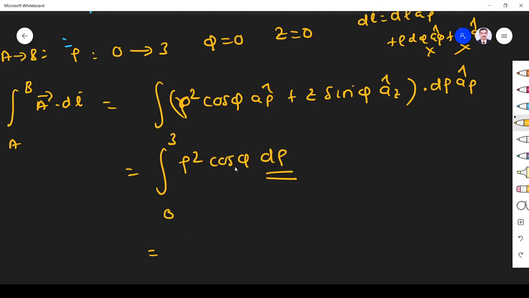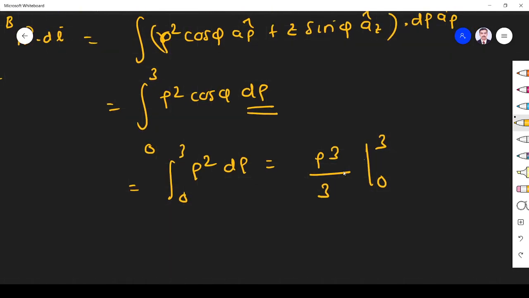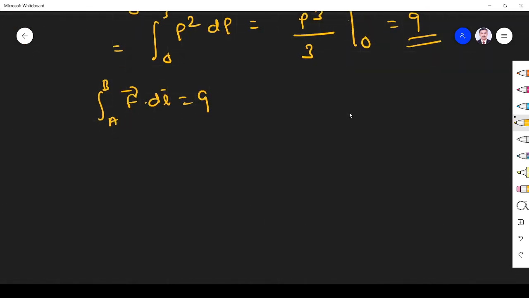So we get the integral from 0 to 3 of rho squared cos 0, which is 1, d rho. That gives rho cube by 3 from 0 to 3, which simplifies to 9. So from a to b, the value of the integral is 9.